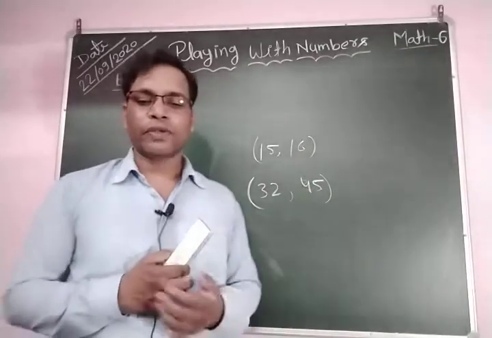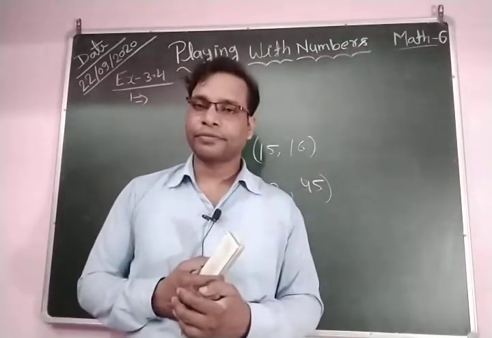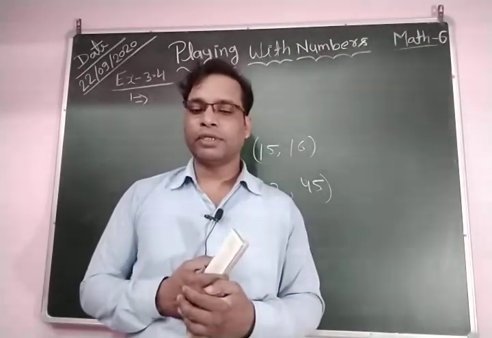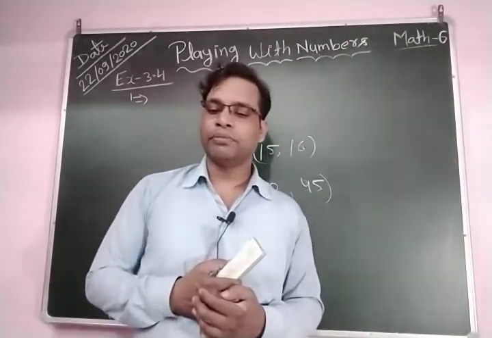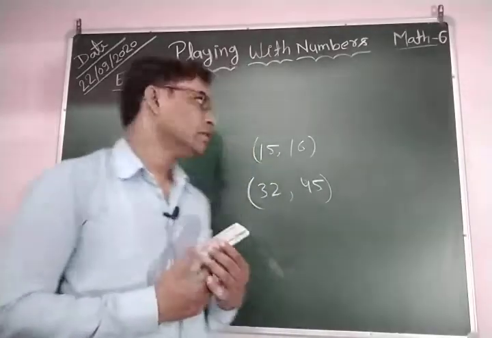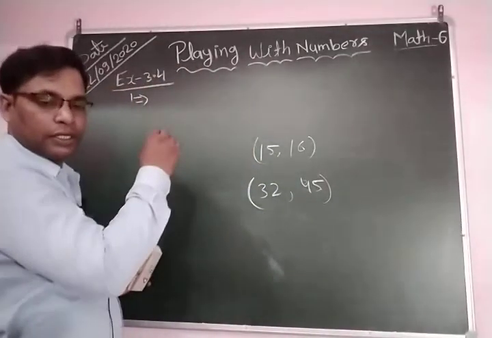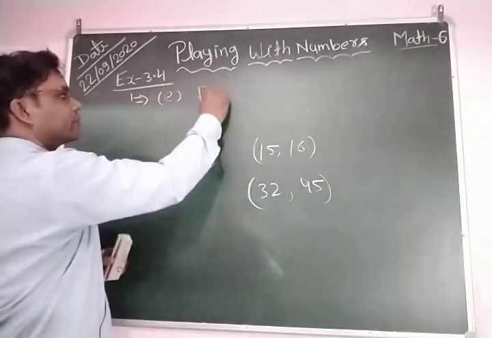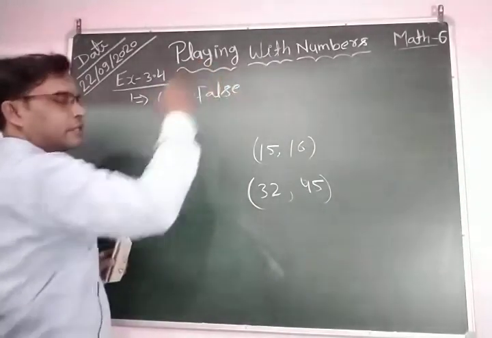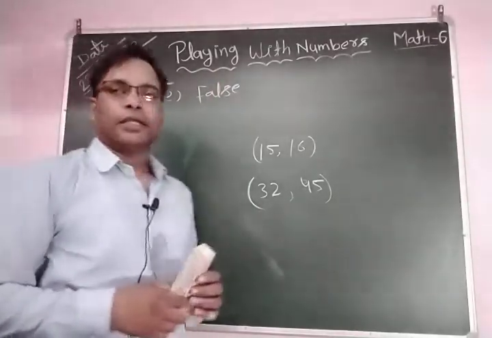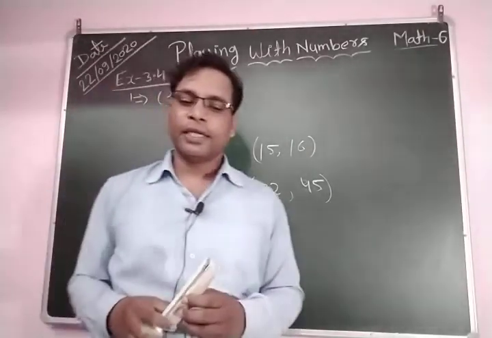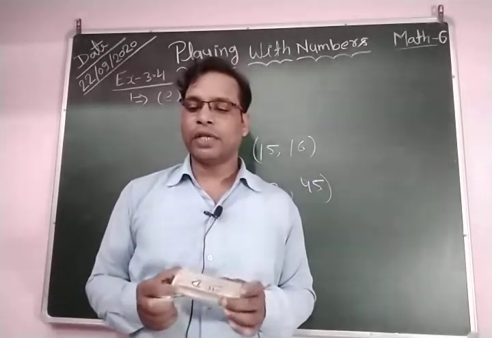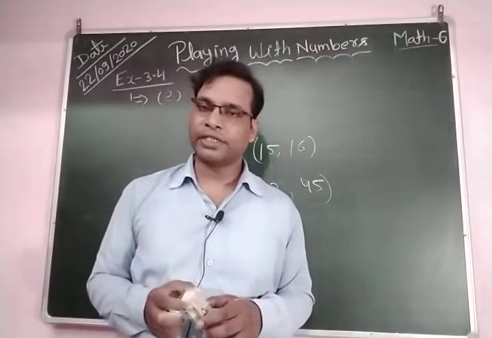So in this way, the given statement, if two numbers are co-prime, at least one of them must be prime, is false. So the E part is false. Clear? The E part says that if two numbers are co-prime, at least one of them must be prime. This is a false statement.